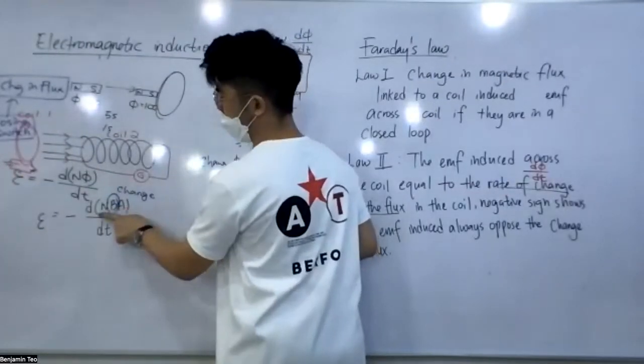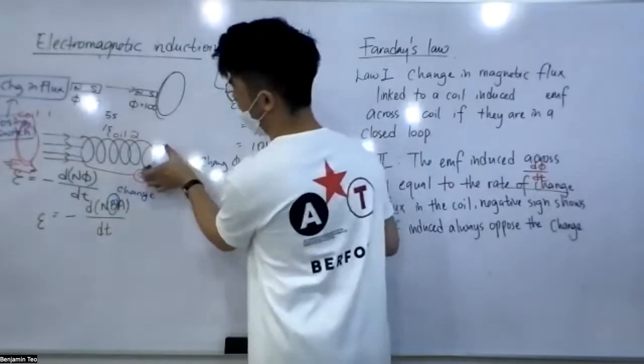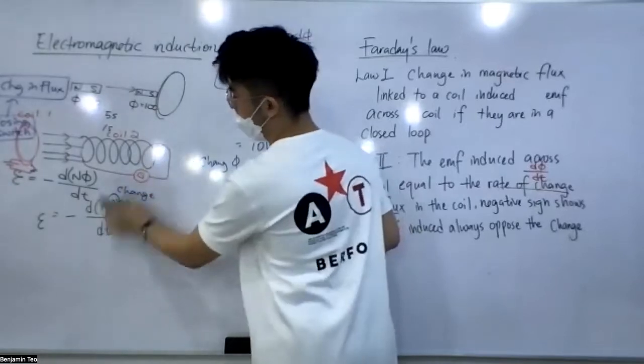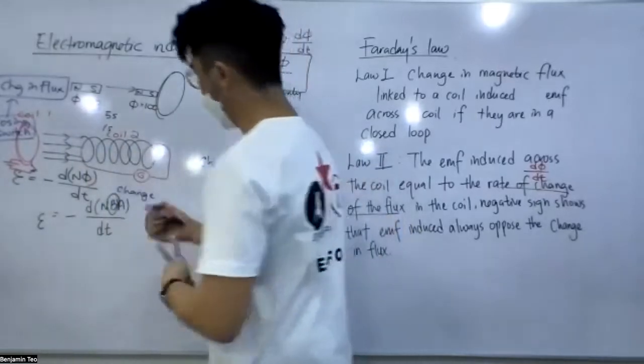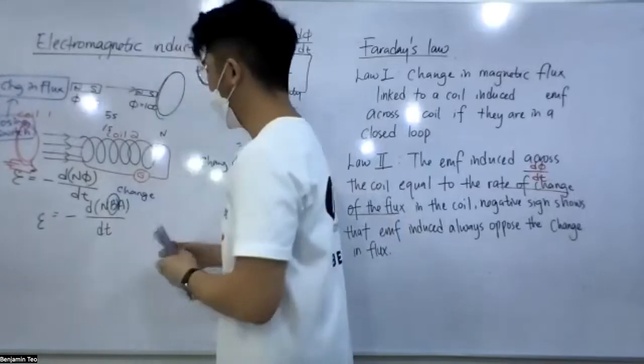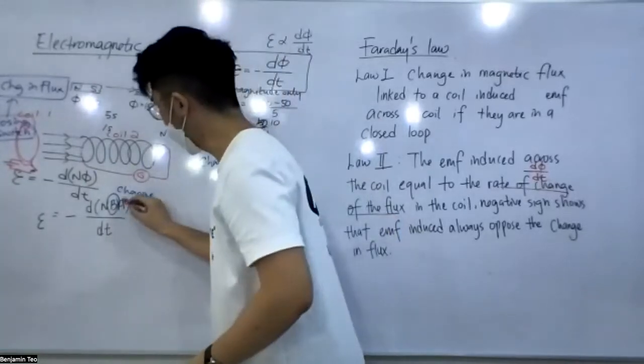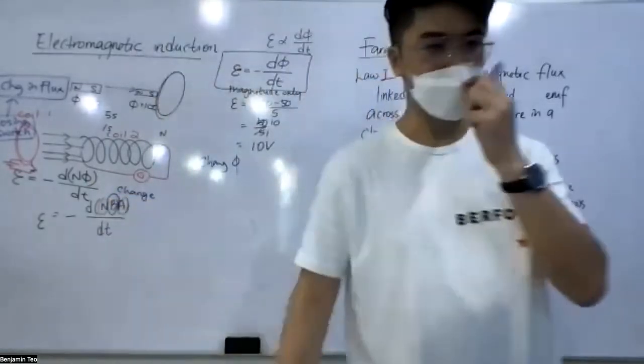Am I changing A and N? No, I'm not changing them, because this remains coil 2, so the area remains, and the number of turns remains the same. I'm not changing anything else. So this is a constant, this is a constant.